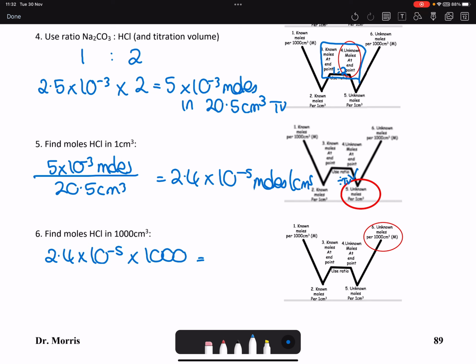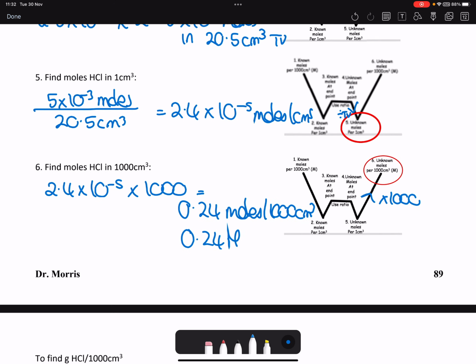And that is going to give me 0.24 moles in 1,000 centimetres cubed, which can be written as 0.24 big M. So in this case, we've now gone over here, we've gone up, and we've multiplied by 1,000. We're not done. So this gives me my concentration in moles per litre. This is a final answer.